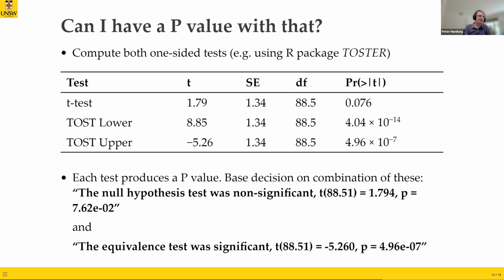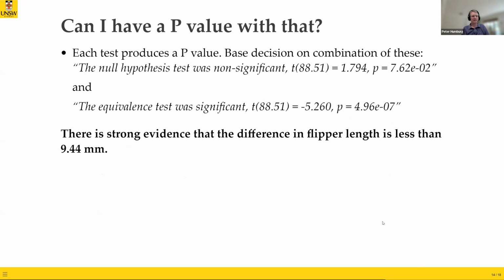And yes, this is this one. And together, these then suggest that there is actually fairly strong evidence that the difference in flipper length is less than 9.44 millimeters, which was the sort of minimum difference we decided was of relevance to us.